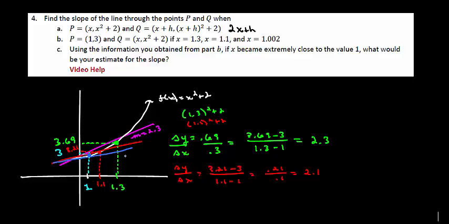And the red line is a better approximation for the tangent line than the purple line was. So the slope of the blue line, the actual tangent line, is closer to 2.1 than it is to 2.3. So what we've just done is gotten a better approximation for the slope of the tangent line by moving closer to this value right here. Notice that they can't be the same value, but we're moving them closer.